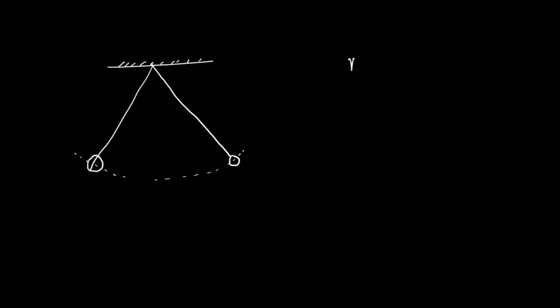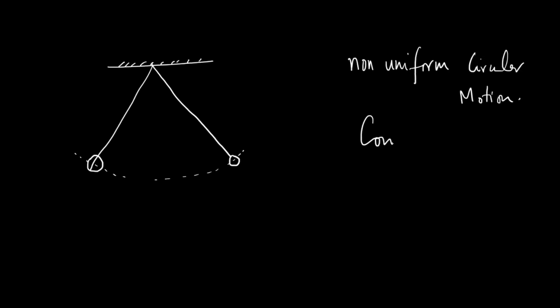So one thing is for sure, we do know that the pendulum is a little bit tougher than it looks, because the easy part is that it is circular motion, and the tough part is that it's non-uniform circular motion. So what we used to do is getting some answers from the conservation of energy.